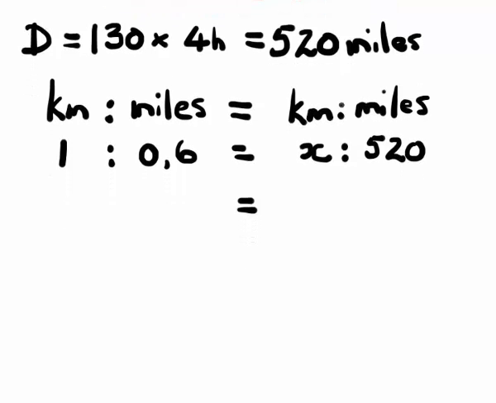Now what we're going to do is set up a little equation and actually solve it. I always start on the side where I've got the variable, and here is our x. So we're going to take the x and put it in the top of the fraction, and we're going to go x divided by 520. Remember that a ratio is in fact a fraction in a different format. Now, if on the left-hand side we have x divided by 520, on the right-hand side we must do a similar thing.